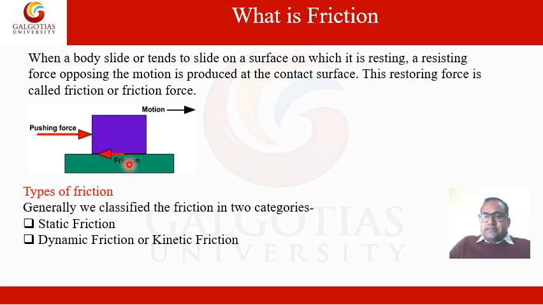If this is a very rough surface, then it is difficult to slide this box in this direction. Here is the direction of motion, and the restoring force, or the frictional force, acts in the opposite way.